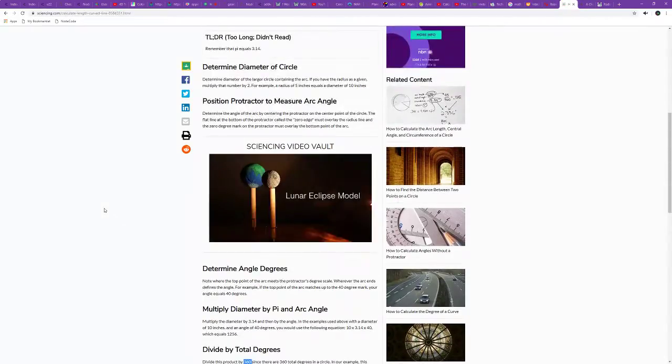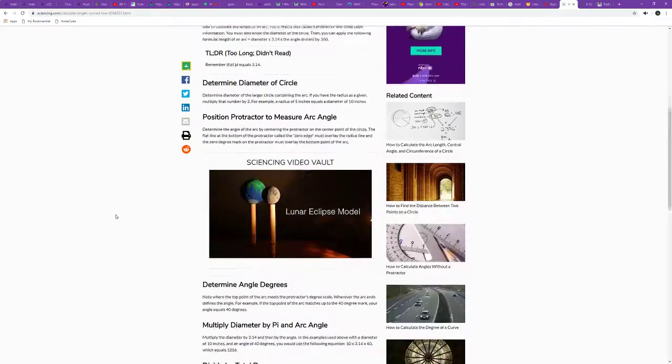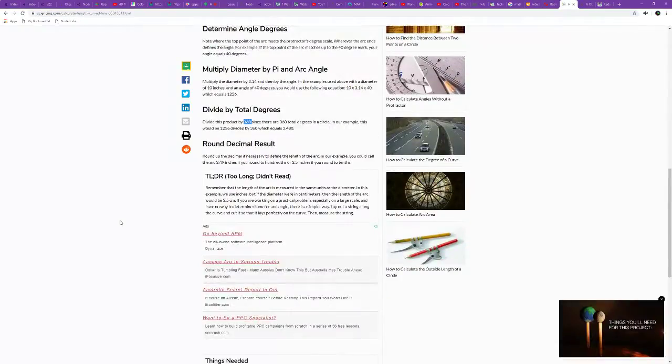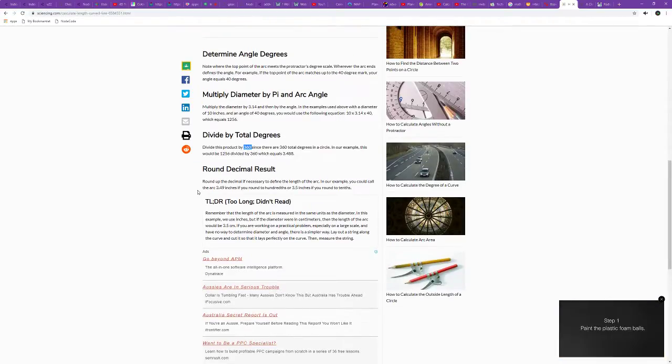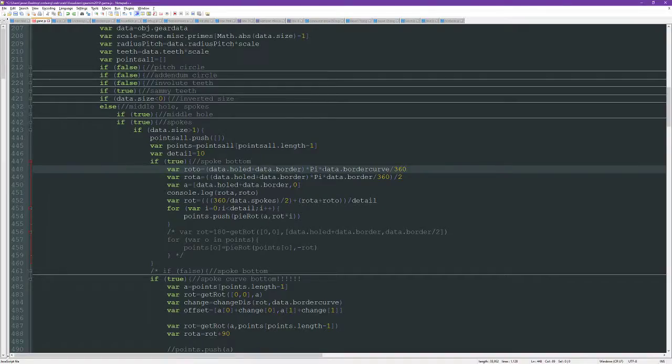Is this converting to radians? Why did we divide it by 360? Because it's a big number. I don't understand.